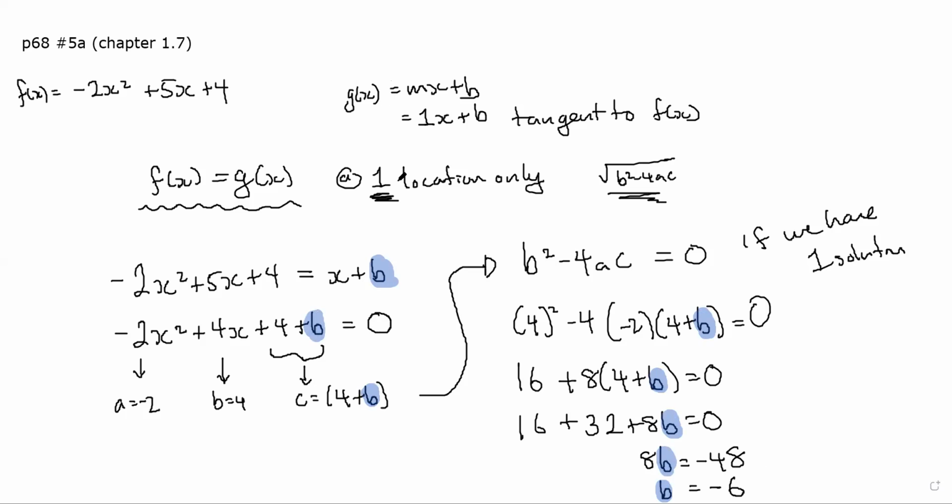The b I'm talking about is not this. This b refers to this b, so it's just a code for the discriminant. Sorry if that confused you. But the equation of the straight line would be g of x equals 1x minus 6. The y-intercept has to be negative 6 if I want the parabola to be tangent to the line.